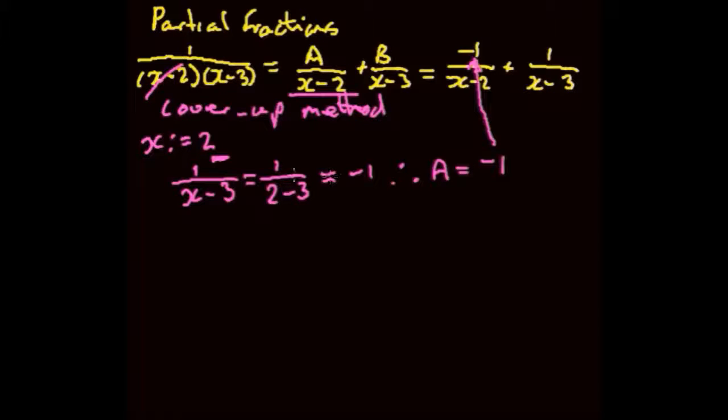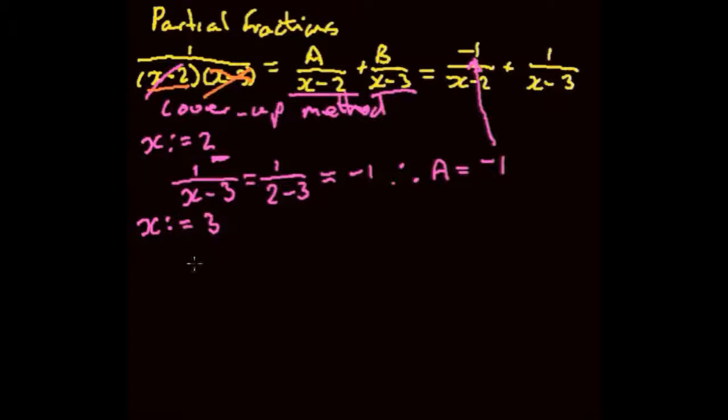Let's test this doing it the other way round. So on this side I want to turn this to 0, and in order to do that I make x equal 3. We'll change the colour, and we'll cover that one up and insert x equals 3.